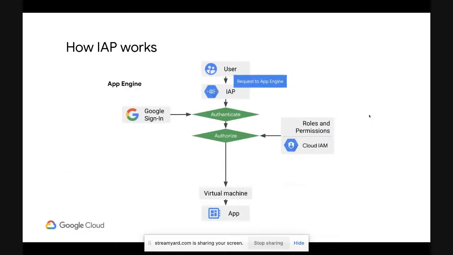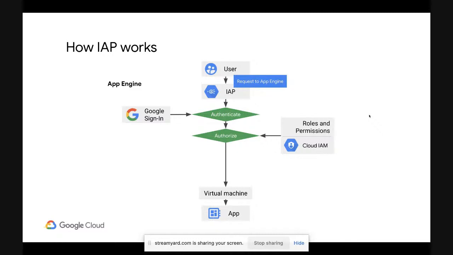So this is how it works. You will have the user coming in. The application is protected by IAP, and can only be accessed through this proxy by users in groups with the right Cloud IAM role.